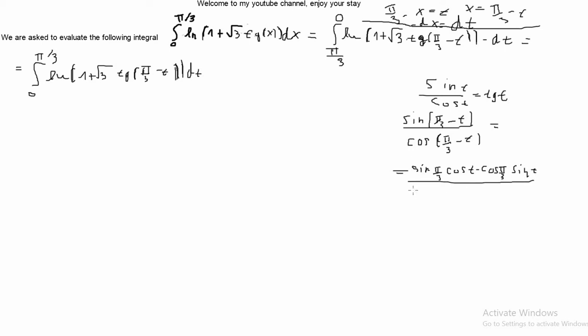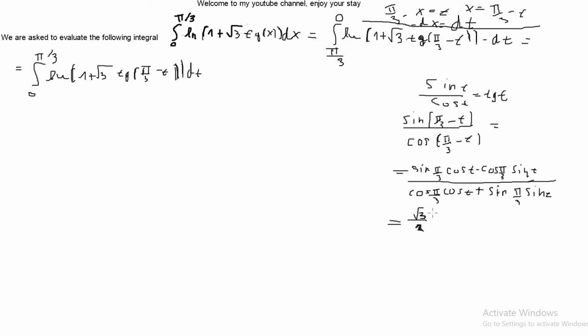Over, we have, I think, cosine of pi over 3 cosine of t plus sine of pi over 3 sine of t. Okay, when we evaluate this, sine of pi over 3 is square root of 3 over 2.